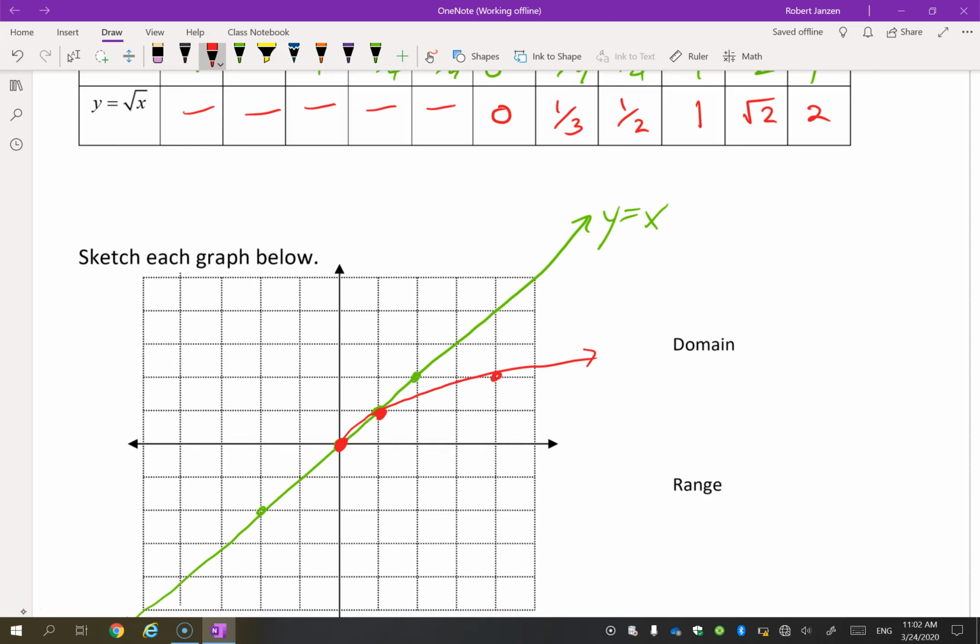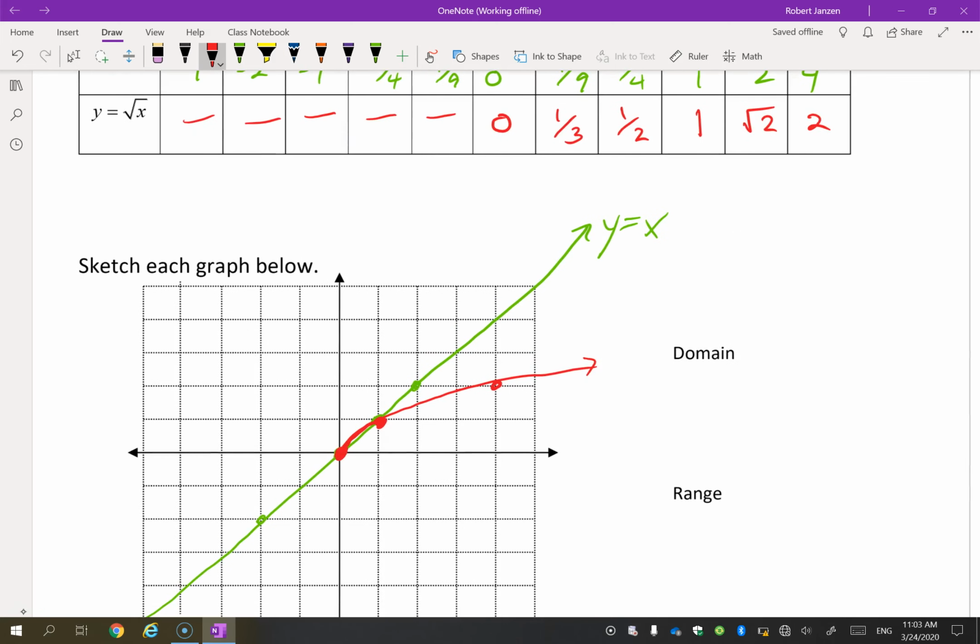Okay, but a couple of things to notice. Look what happened here. The graph of the green line, y equals x, is actually below the radical. The root between 0 and 1 is actually greater than the value of x. Well, what happens after 1? Well, the root is suddenly less than the value of y equals x.